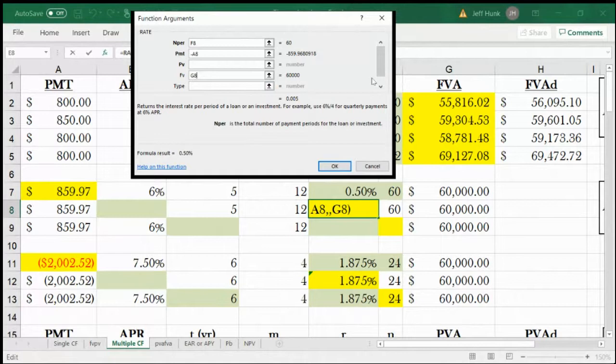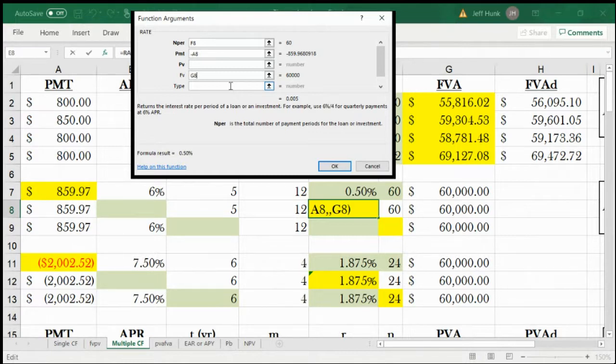And then next, type. What does that type mean? Type means either ordinary annuity or annuity due, right? Now, the default is ordinary annuity, so that means unless otherwise specified, by default, it is ordinary annuity. And think about it.